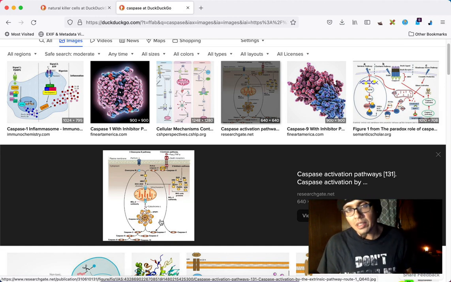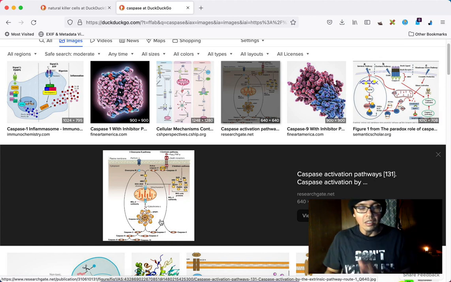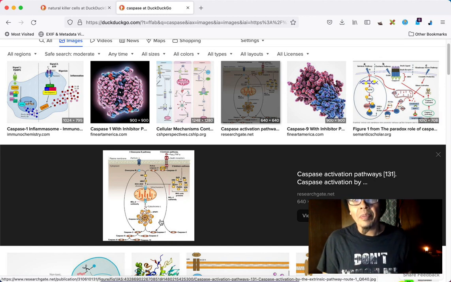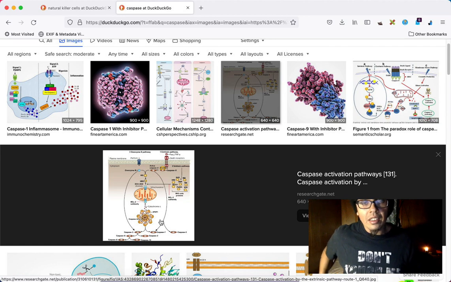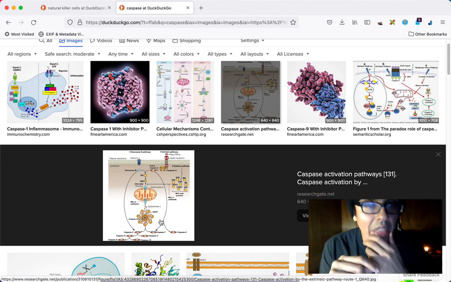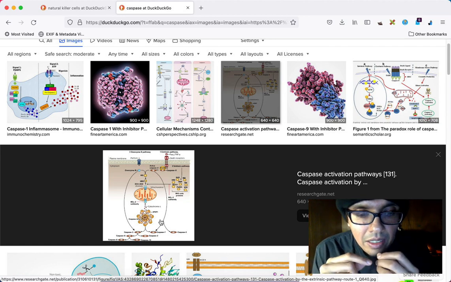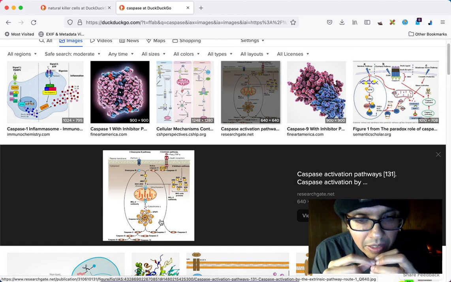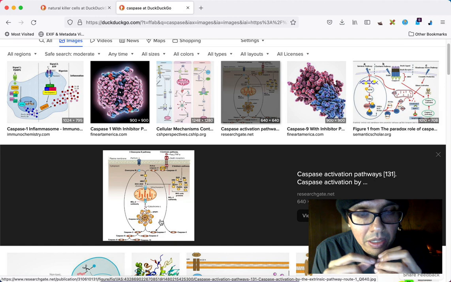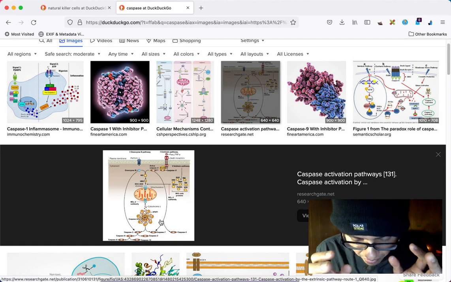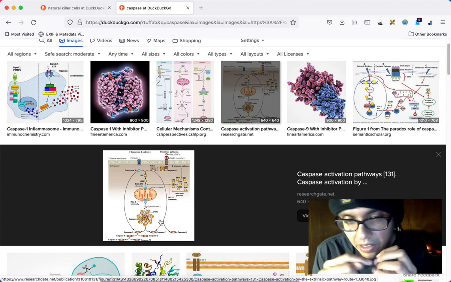Just to recap on killer T cells, just know the difference. Killer T cells do something slightly different in that they detect, through their T cell receptor binding, major histocompatibility complex antigen irregularities.